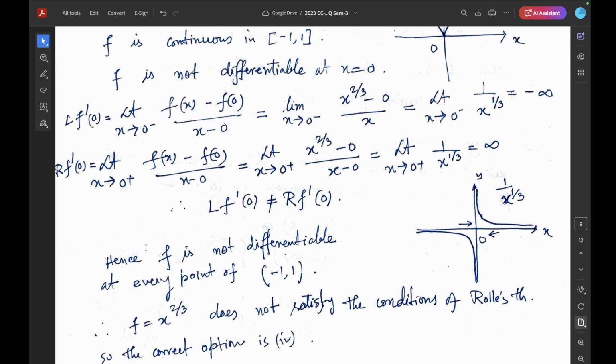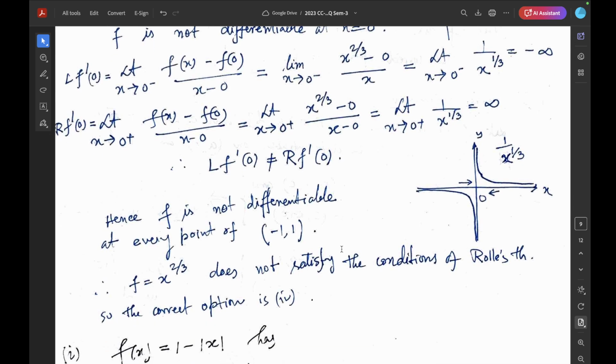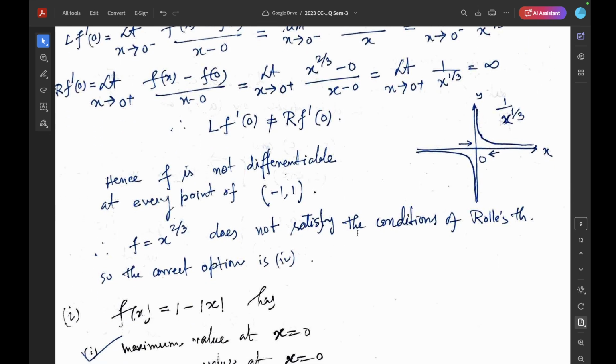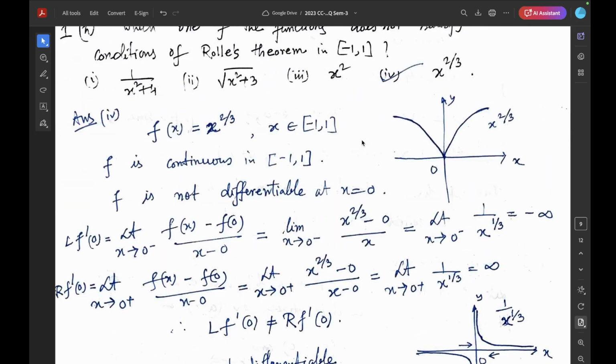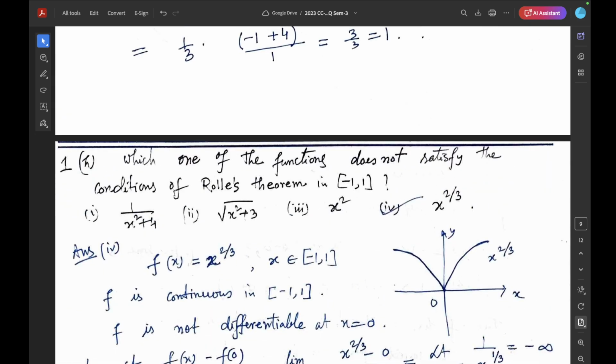Hence f is not differentiable at 0, a point of the open interval minus 1 to 1. Therefore f(x) equals x to the power 2 by 3 does not satisfy the second condition of Rolle's theorem. So the correct option is 4. All other functions satisfy Rolle's theorem.